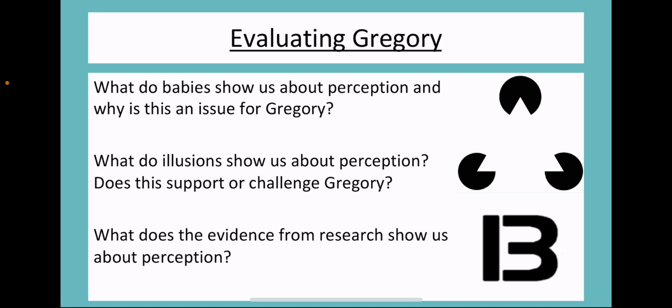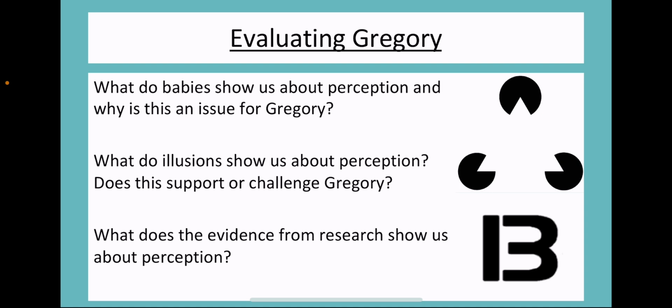But there's the B13 study, and there's a very short recap. The participants were shown either letters or numbers, so they were being exposed to and perceiving something quite specific, and then they were shown this B13 illusion here. And whatever they had recently been experiencing influenced what they perceived. So if they saw letters, they thought it was a B. If they saw numbers, they thought this was a 13.